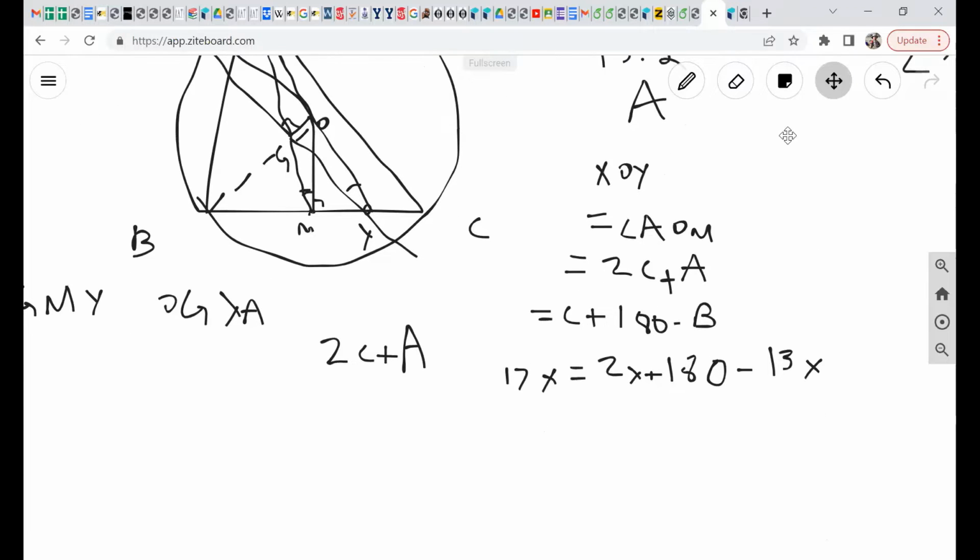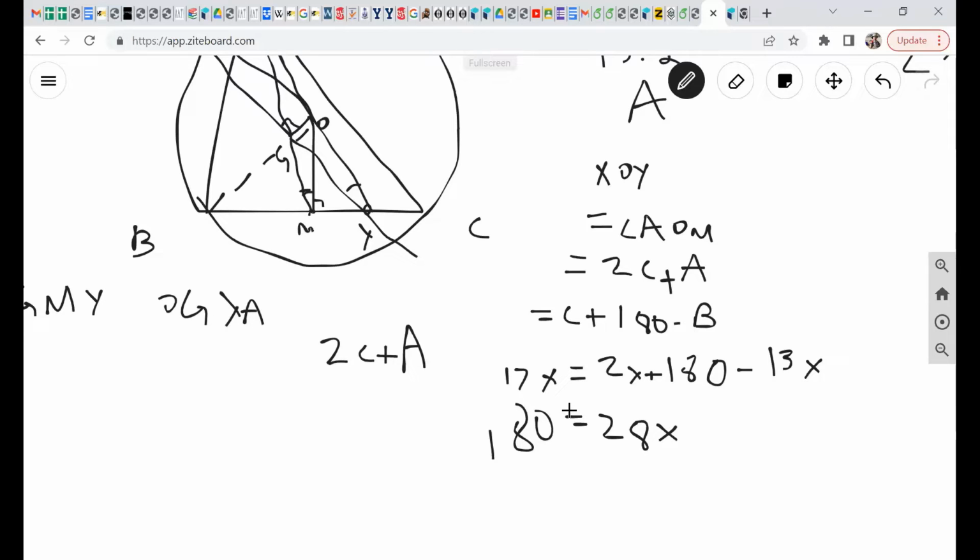And then solving this, from this we get that 180 is equal to 28x.